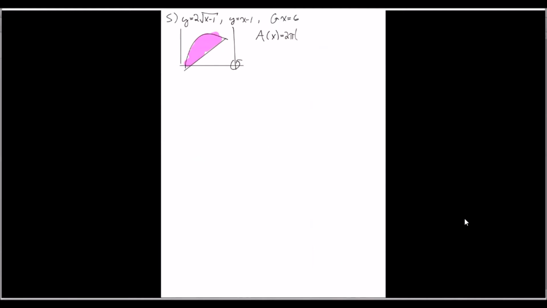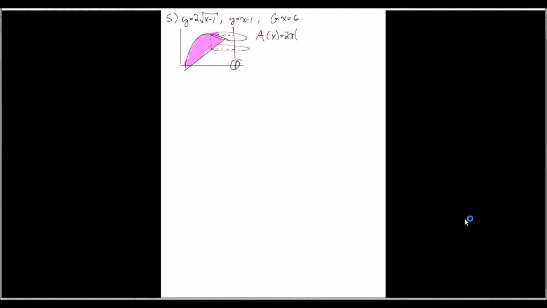Let's say we've got a cylinder right in here, and this is what we're rotating around.